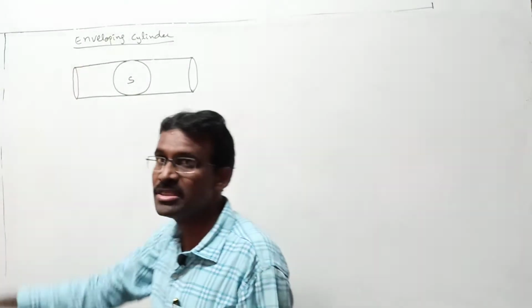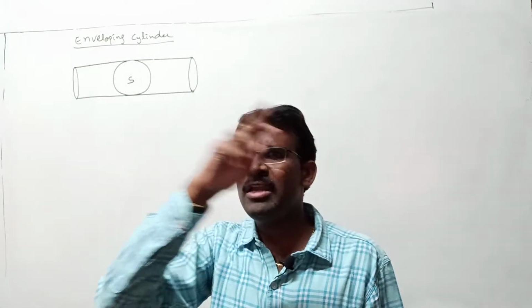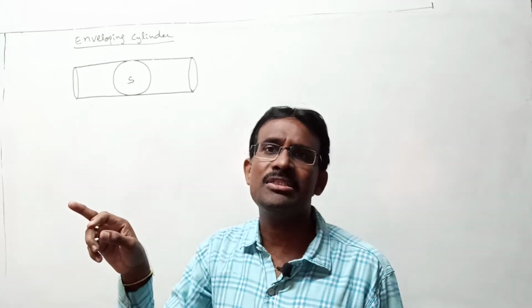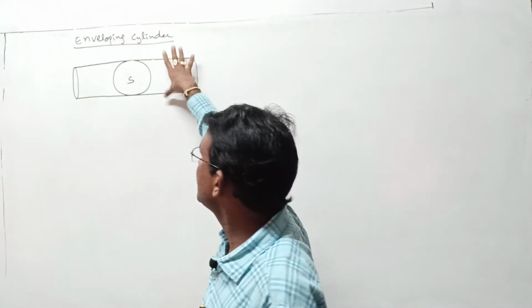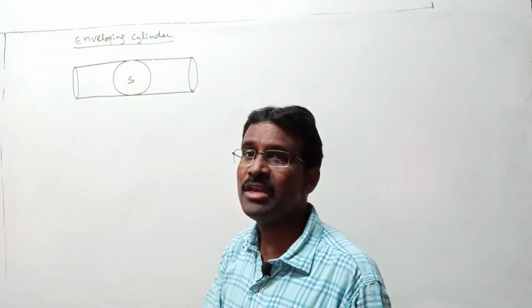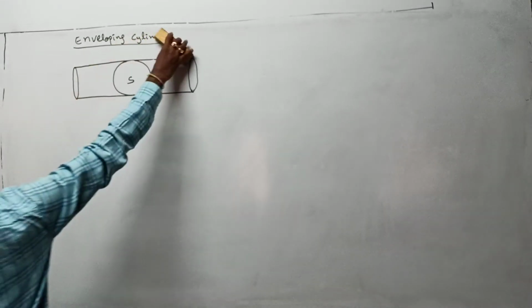This is the definition of enveloping cylinder. Very simple. Let us take one surface, define whatever parallel tangent lines can exist for that sphere. That forms a new surface, and that new surface is called the enveloping cylinder.